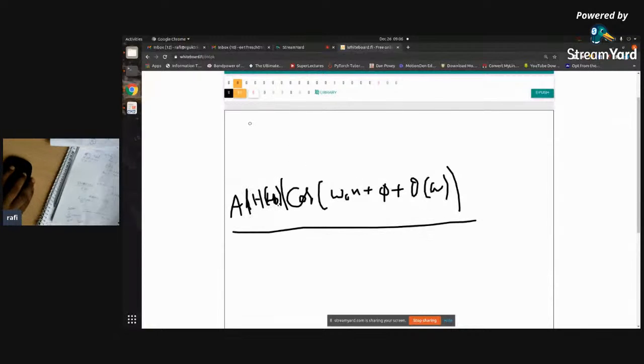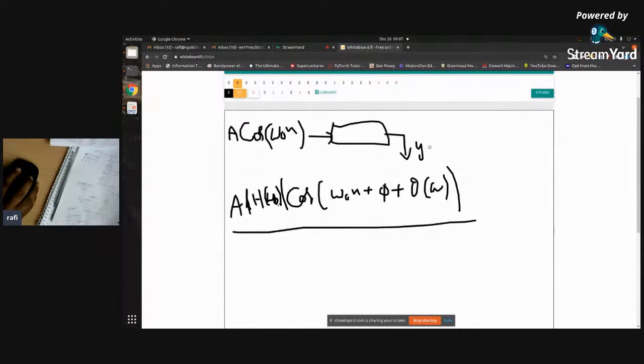So this is what we get when you give a cos omega naught n as input to the LTI system. This is the output you will get. So what is actually happening here?